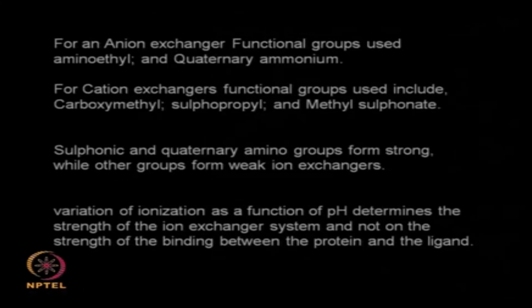The variation of ionization as a function of pH tells you the strength of the ion exchanger. It does not tell how strongly the ligand is bound to the protein. It just tells you the strength of the ion exchanger, that is all.